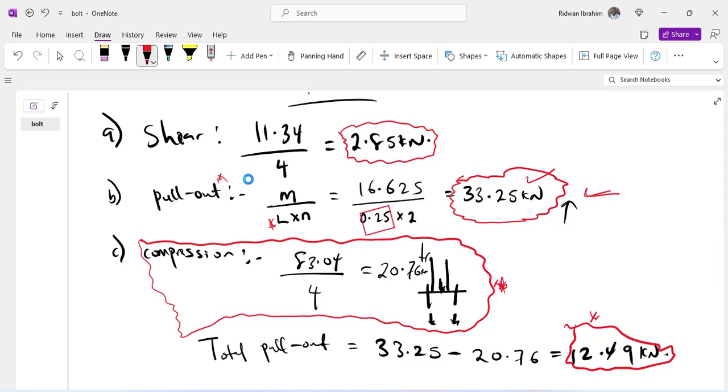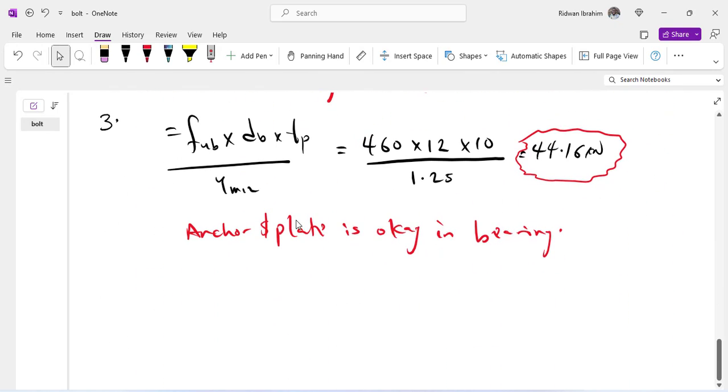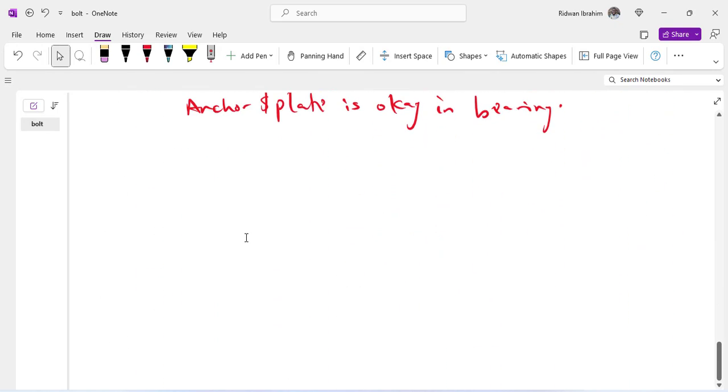So you need to confirm if this spacing is adequate or not. You also need to confirm if the edge distance is also adequate. So apart from checking for the capacity, you also need to check for all these spacings.